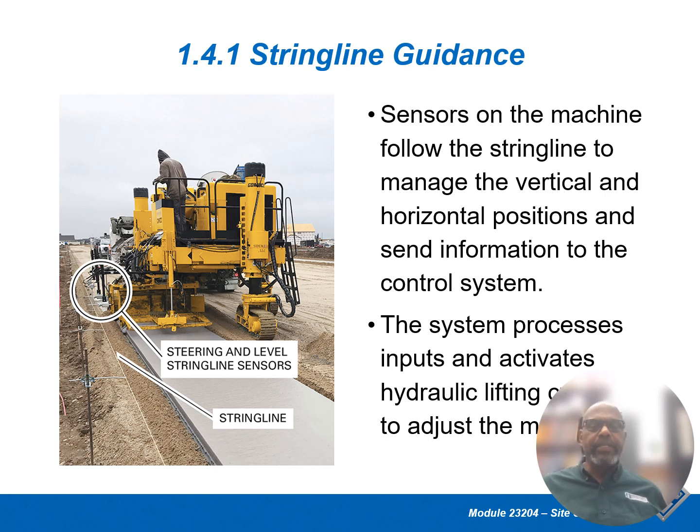Stringline guidance. Sensors, and this is especially used in concrete work on highways. Sensors on the machine follow the string line to manage the vertical and the horizontal positions and send information to the control system. The system processes the inputs and activates the hydraulic lifting and adjustment of the machine.